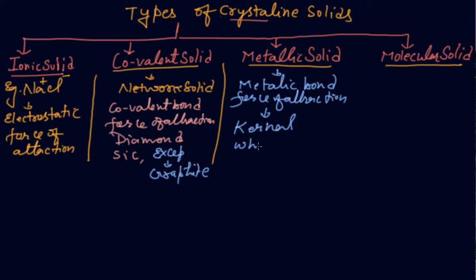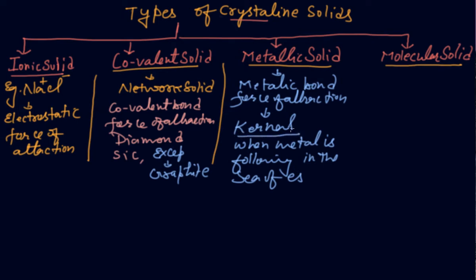When metal kernels are flowing in the sea of electrons, it has been asked, but it is important from competitive point of view also. What is the kernel? Suppose that Fe plus 2, so many atoms, they are flowing in the electrons. Generally, it has been asked the force of attraction. There are examples: you can take metallic solid, iron, gold, copper, so many.